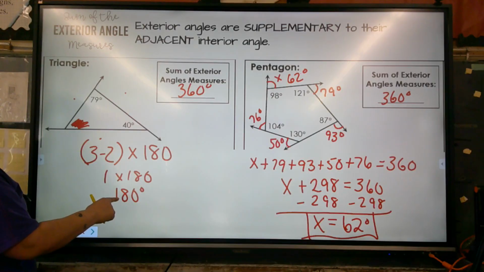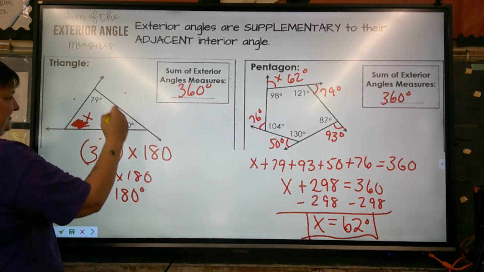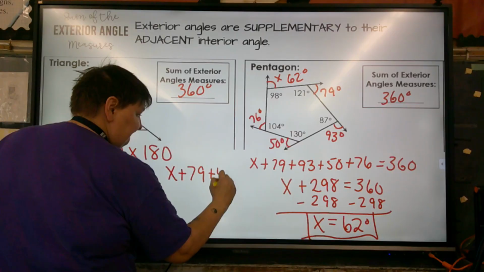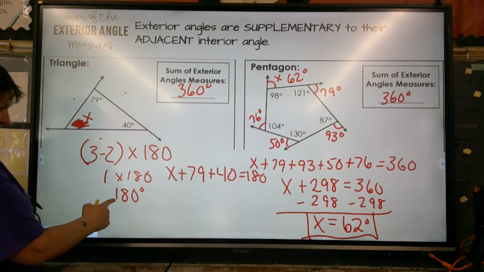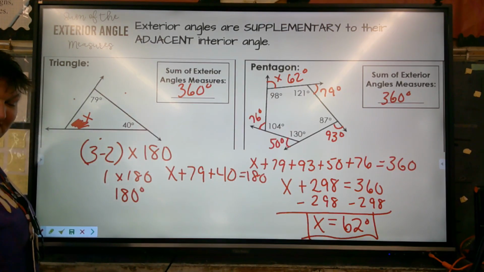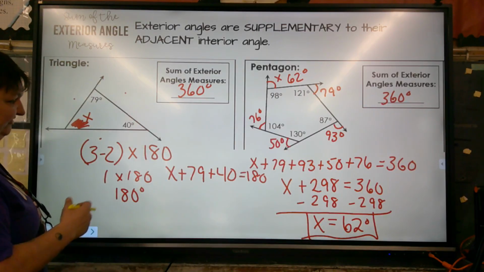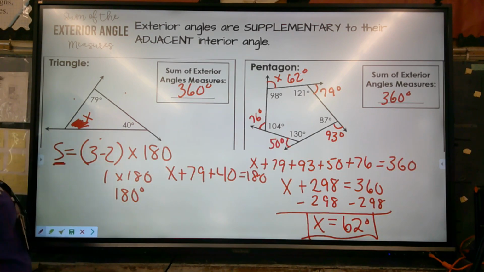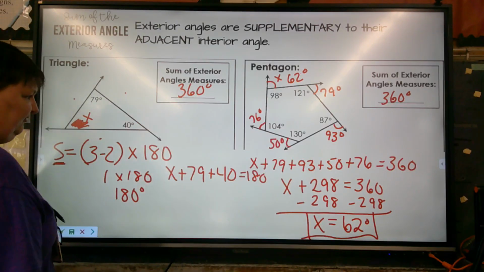Right? So if we know it has to equal 180, we don't know what it is, x plus 79 plus 40 is going to give us our 180. If it was a 4-sided shape, it would be a different sum. If it was a 5-sided shape, it would be a different sum. You have to use the formula to figure out what your actual sum is, what your total should be, right?